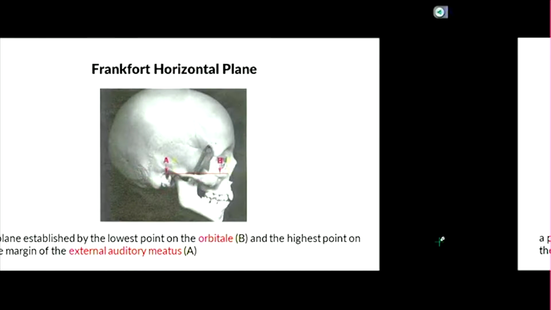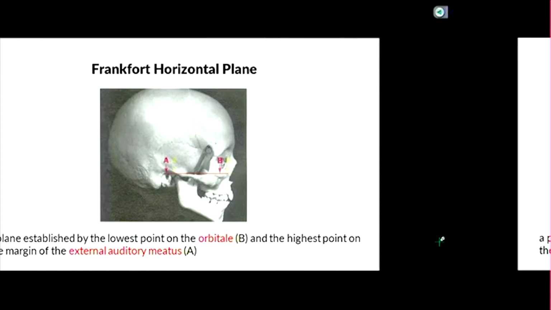All right. So one of the things we have to define is the Frankfurt horizontal plane. We often refer to this. They talk about a standard anatomical position. All your textbooks or your drawings in anatomy have some human being just standing upright. And then the question is, how do you know how far they should tilt their head for that standard position?